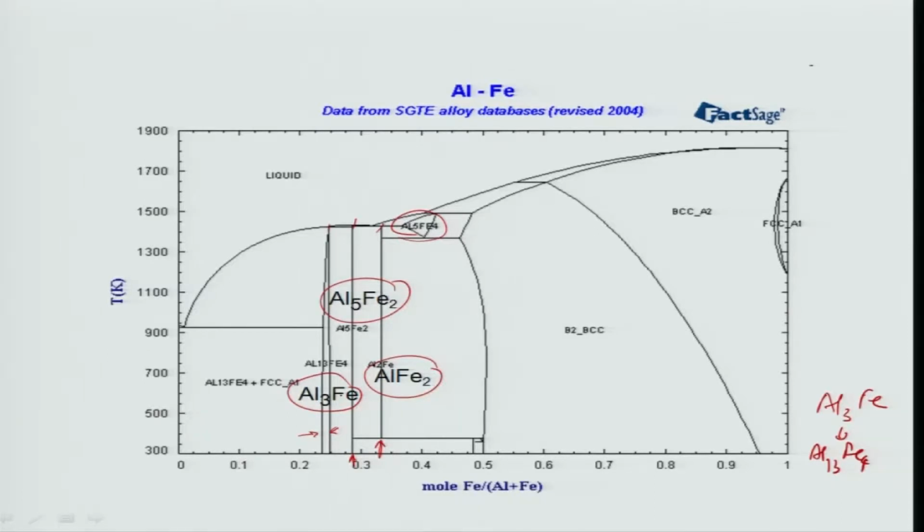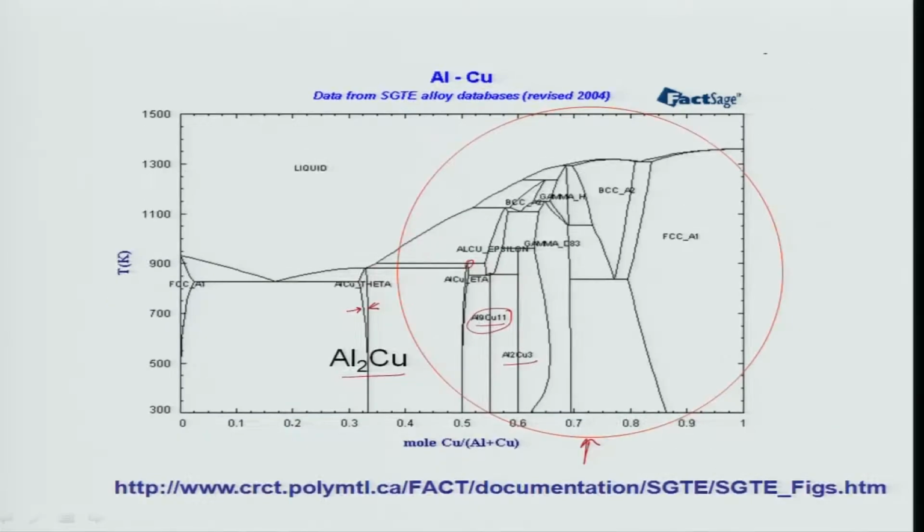And I told you that the Al2Cu eutectic is a very classical eutectic that many alloy systems have. Aluminum copper, duralumin, is a material used for aerospace applications, and this eutectic exists in it.